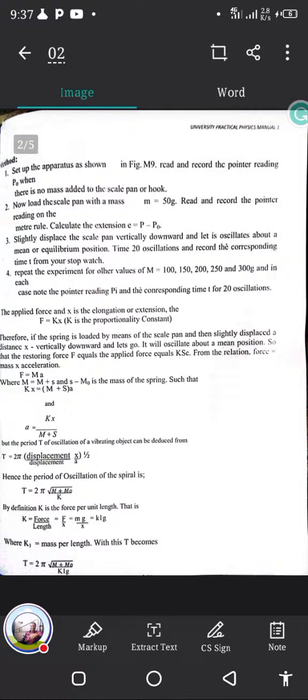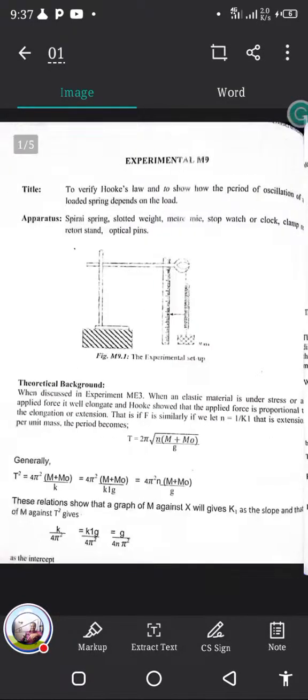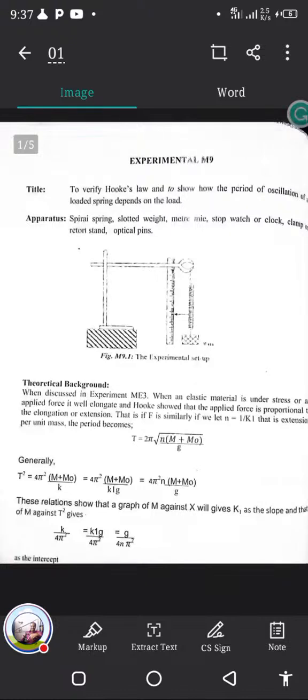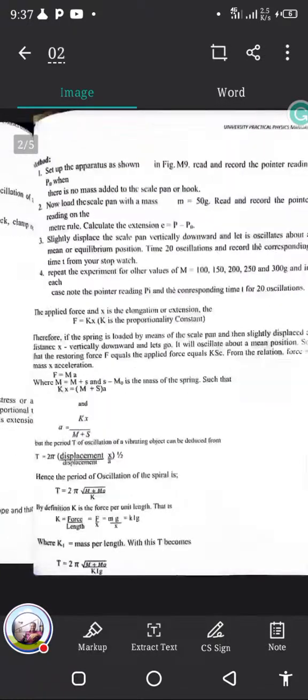If you go through the methods, they say set up the apparatus as shown in the figure, and then record the pointer reading p-naught when there is no mass added to the scale pan or hook. That's the first thing you do. Before you add the mass that will be given to you, you hang the spring and record the p-naught, that is the original length, and it will be kept constant all through the experiment.